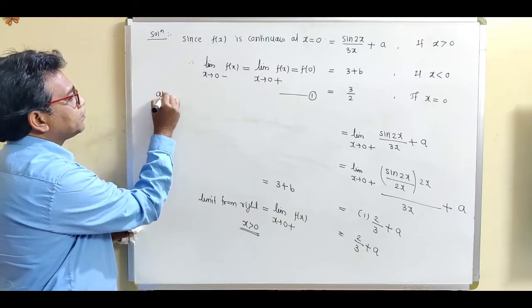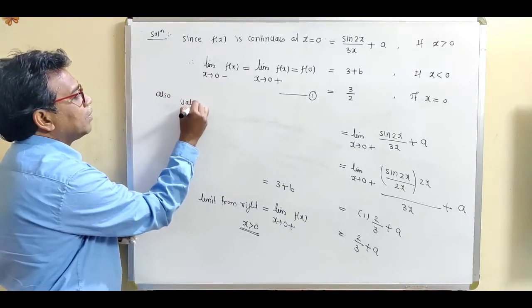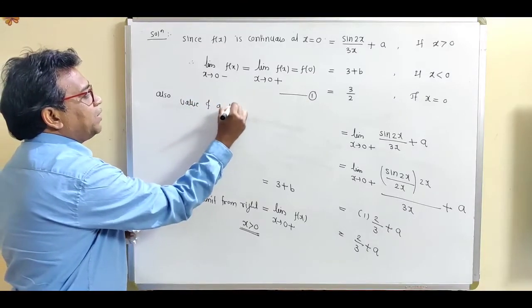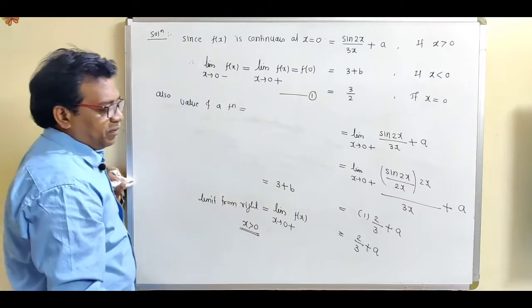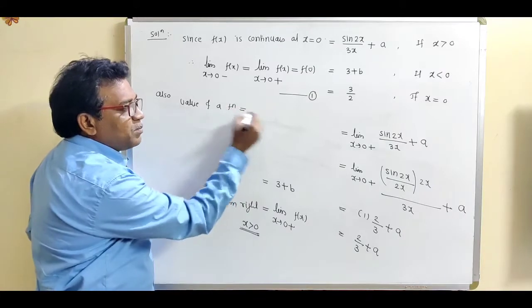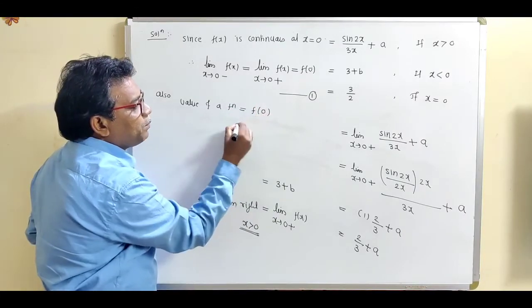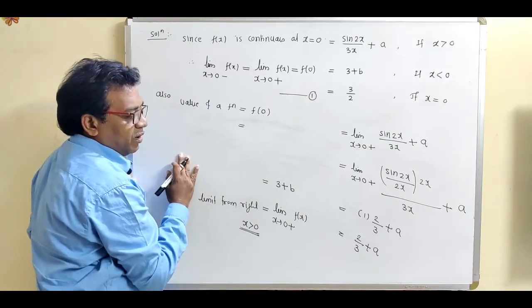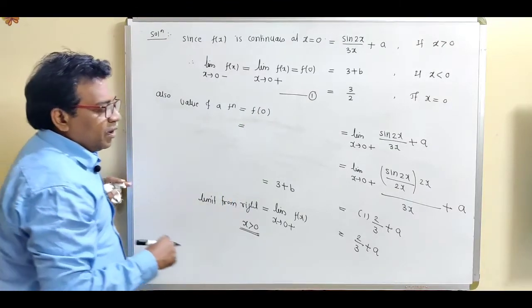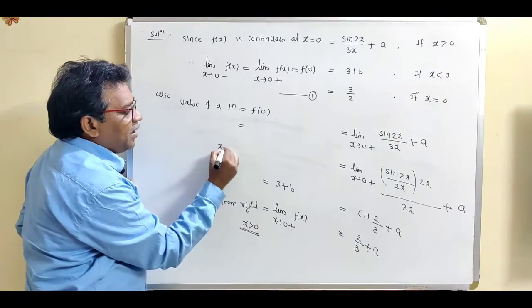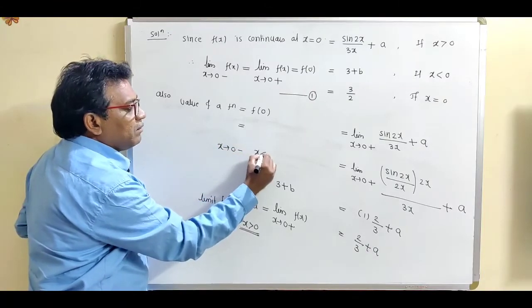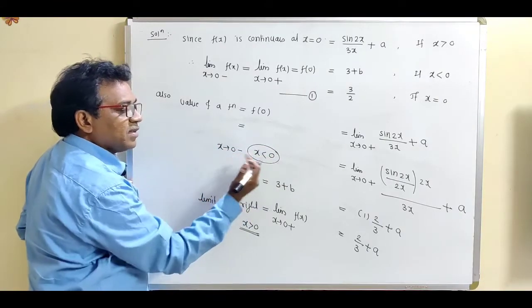Also, value of function is equal to, so this is the symbolical notation for value of function at the given point 0. So see, for left hand limit we have this condition x less than 0.